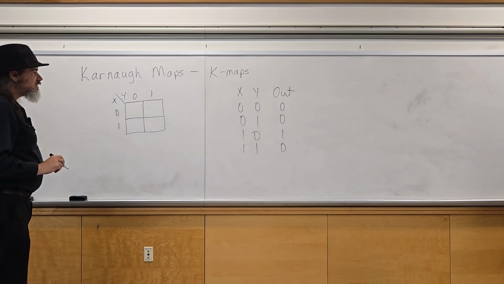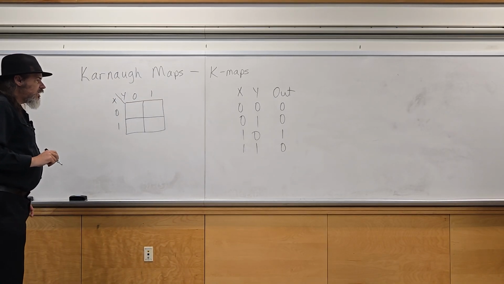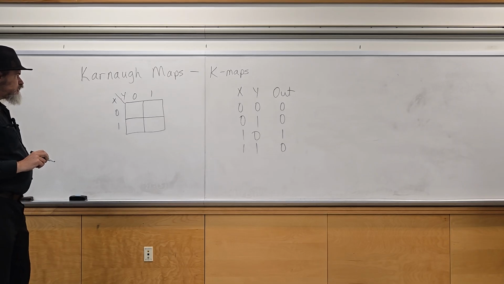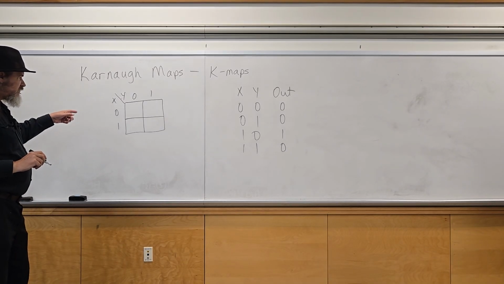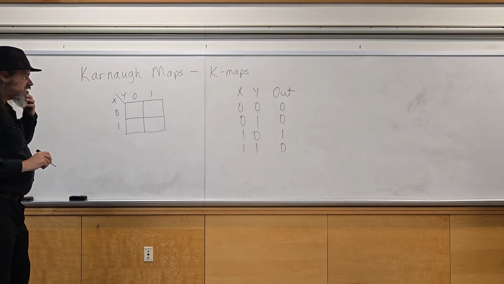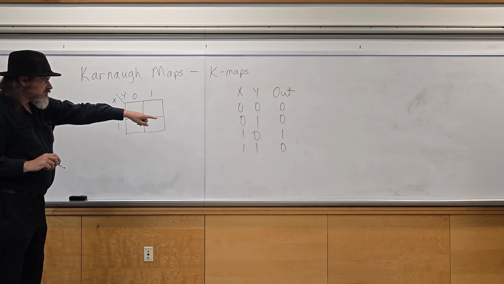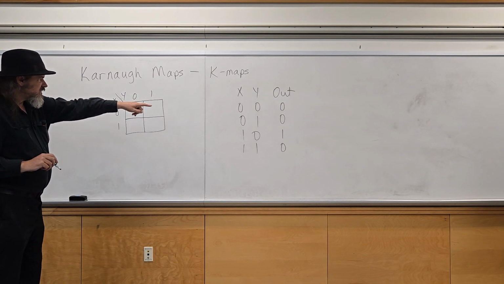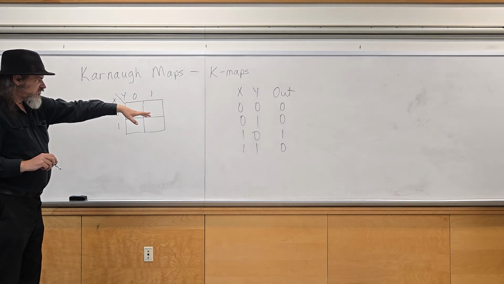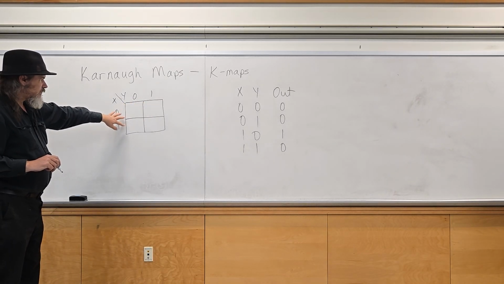You would put each combination in the state table into the Carnot map.